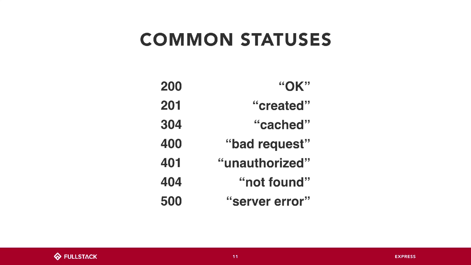So when we start looking at Express, we'll realize you're in control of the status that gets sent back. So a common thing to do is the created status. If a page is cached, 304 status, and your server might be handling that for you. A bad request, an unauthorized request, a not found request, and a server error.